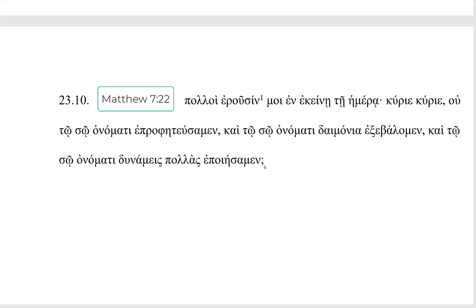The semicolon-looking thing is a question mark. So this is people questioning Jesus on that day, asking why he is telling them to depart from him. All right, so polloi, many, this is a nominative masculine plural ending. Erousin.